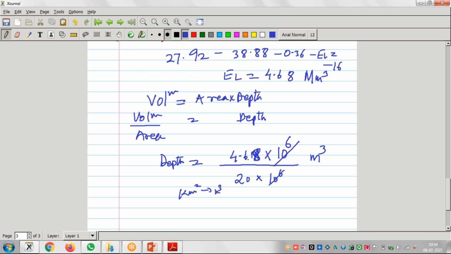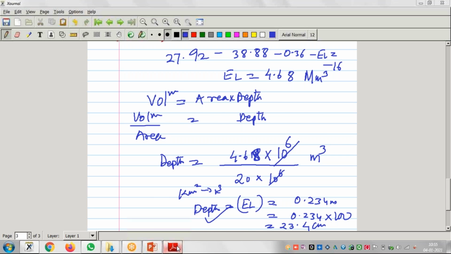So this will be cancelled, and when I solve, I will get the depth of evaporation loss EL equal to 0.234 meter. When I multiply 0.234 by 100, I get it in centimeter, and that will be 23.4 centimeter. That is the answer, right?